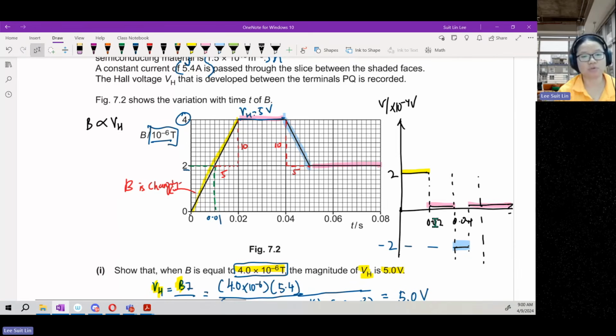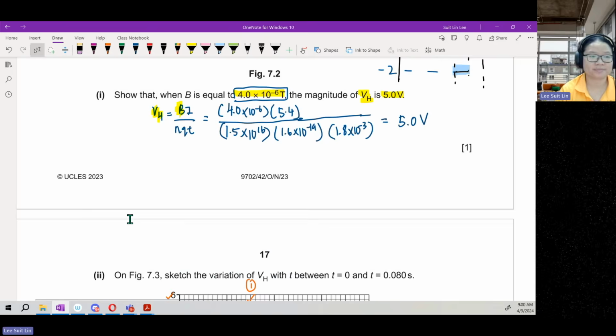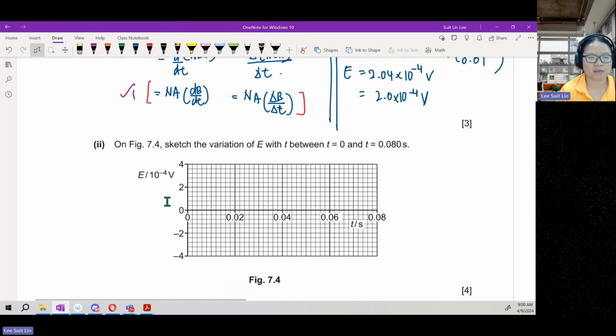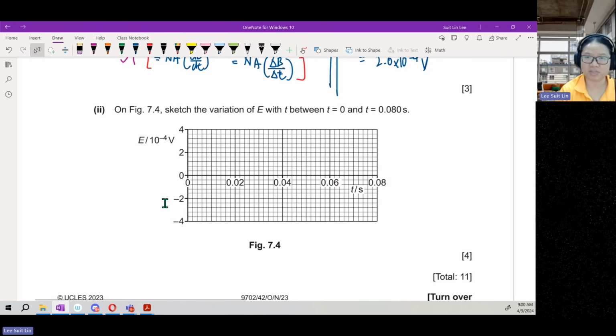But if you really want to follow Lenz's law of electromagnetic induction to oppose it, then you have to flip the graph. The reason why there is no negative here is because we are looking for magnitude, and most of the time, Lenz's law only comes into play when we discuss the opposition. In the calculation, whether you show the negative or not, it doesn't really matter.